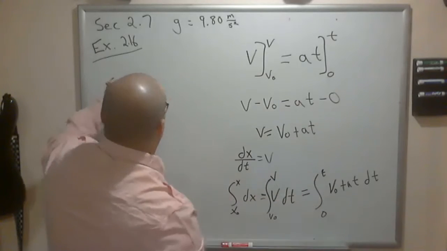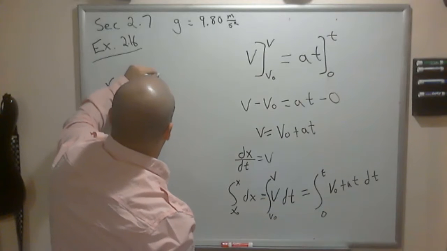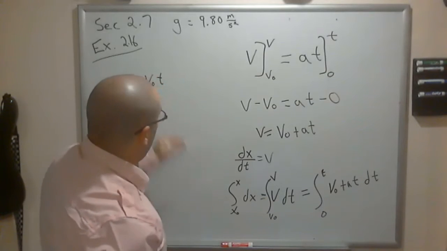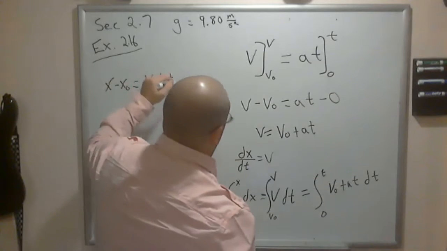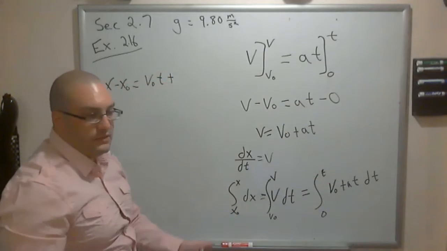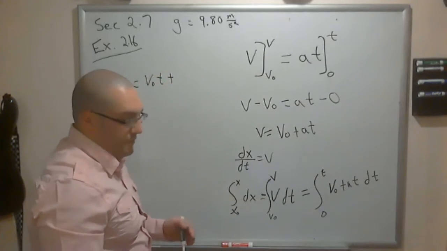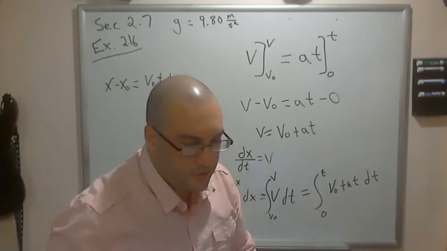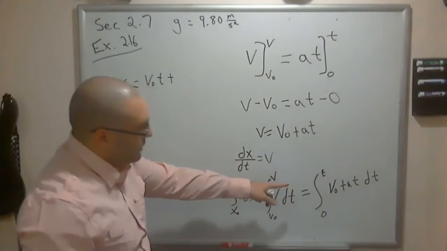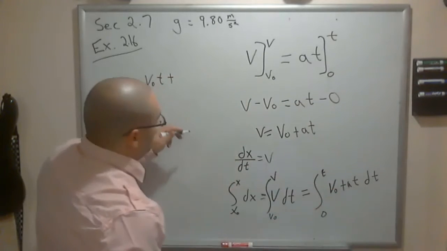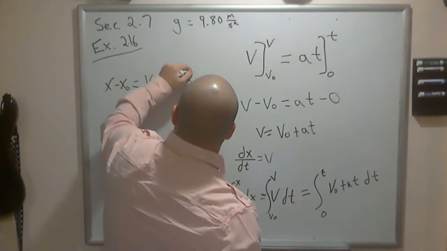So when we integrate it, we get v naught t plus, we already have a t, so we do the opposite of the derivative. There's a section in the back of the book that talks about how to do integrals, so just check that out. But for the power law, you raise the power.